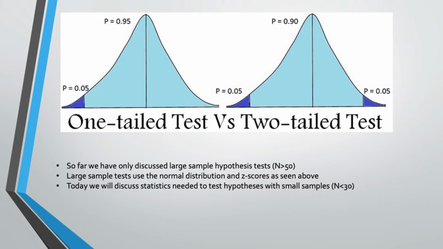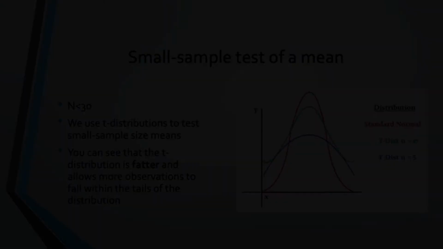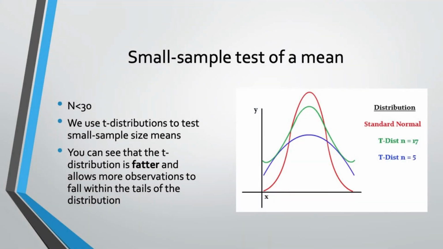So let's just briefly go over small sample sizes and the differences involved in calculating statistics there. So we rely on t-distributions when n is less than or equal to 30.